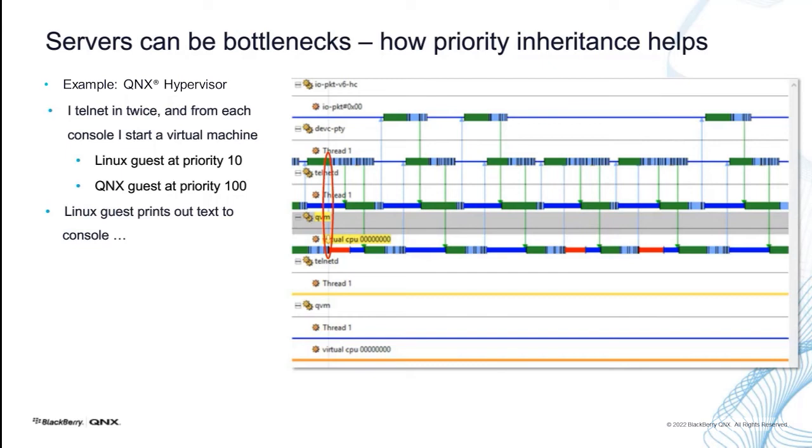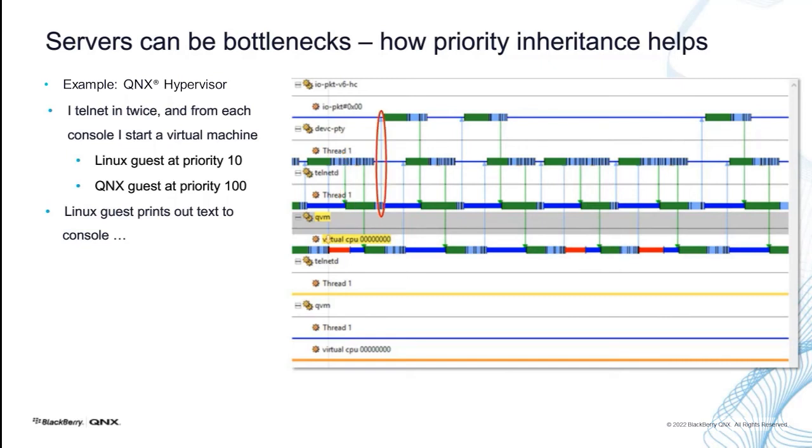First, we see the Linux VM talks to the console driver of the hypervisor, devc-pty. That's because the console in Linux uses a virtual driver to redirect its output. Next, we see the console driver is now talking to the telnet daemon. That's expected because we have a remote console here.